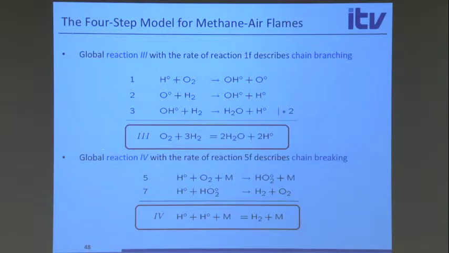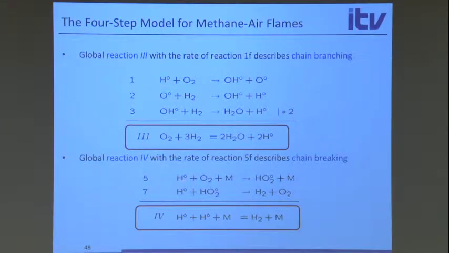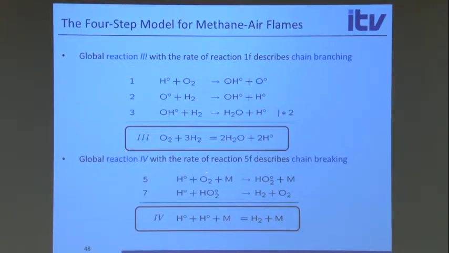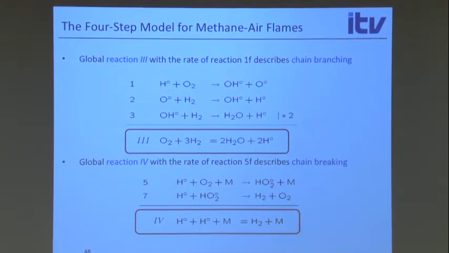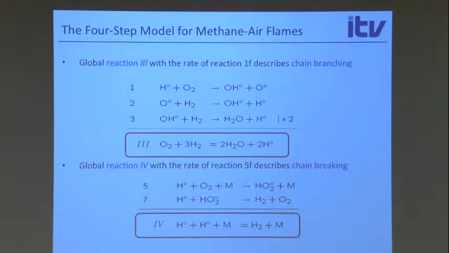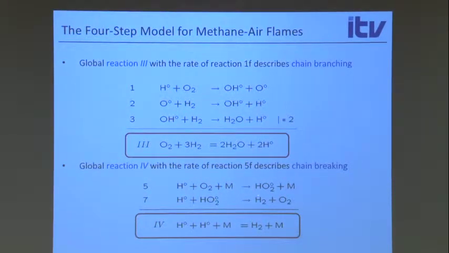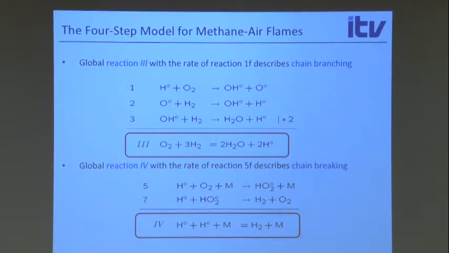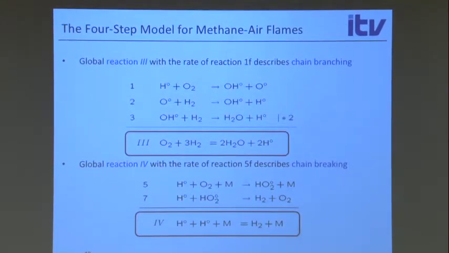Then we have this reaction here. This is also a slow reaction. This forms HO2, and as I mentioned already, HO2 is then converted very quickly with H to H2 plus O2. And if we add these up, then we get H plus H goes to H2.